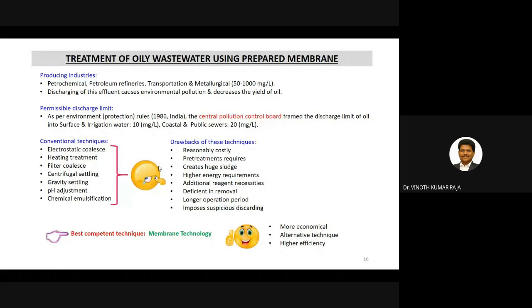So by considering these drawbacks, membrane technology comes into sight as the best technology for treatment of oily wastewater among the various conventional techniques. In addition, it is very attractive due to advantages such as compact design, lower energy requirement, and higher separation efficiency as compared to the other existing conventional treatment processes.